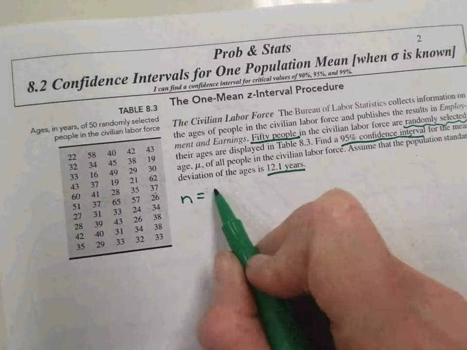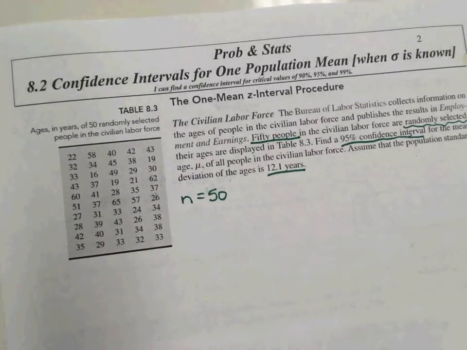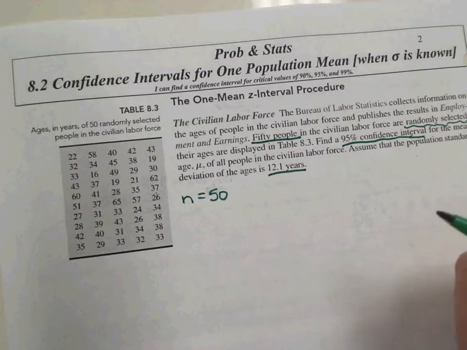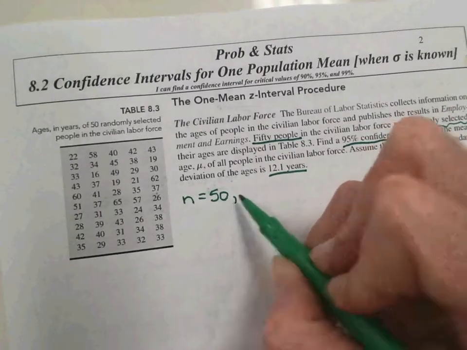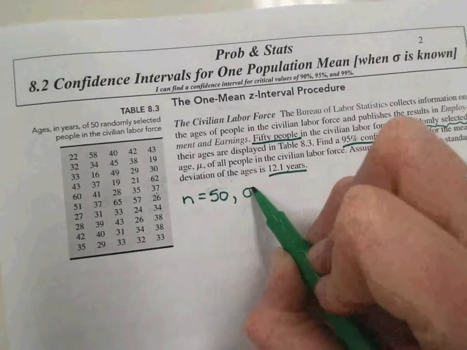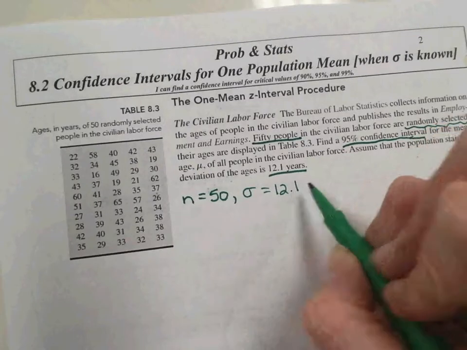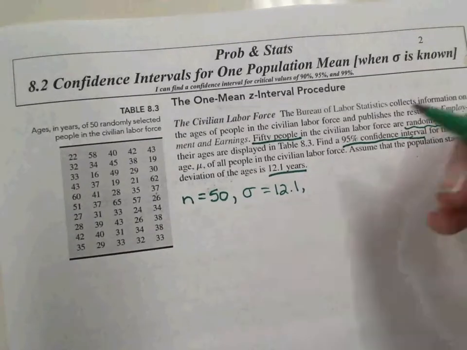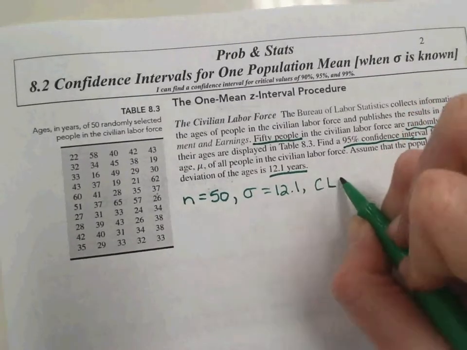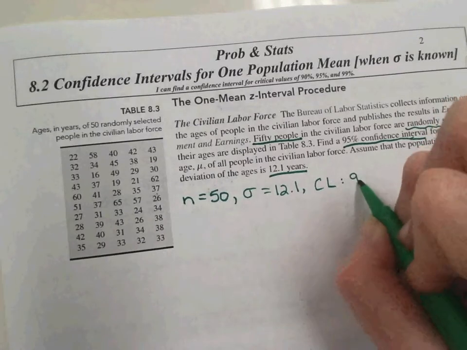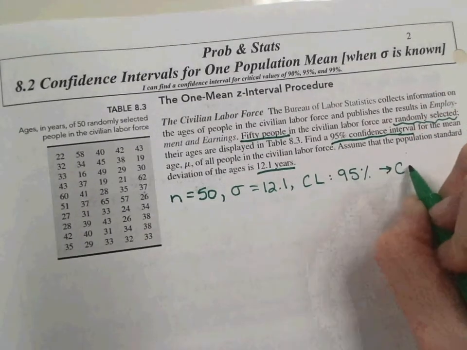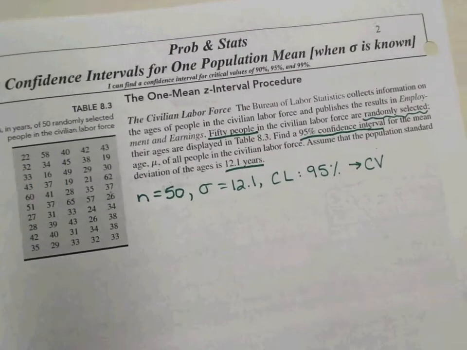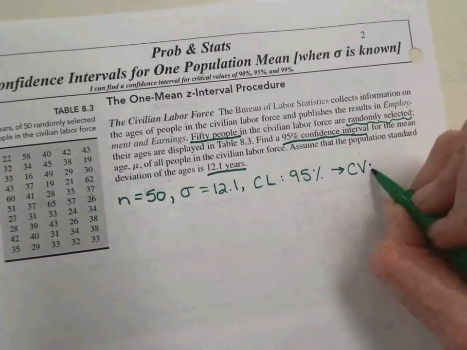So I'm going to write those things down. This is how I like to do these problems. While I'm doing Math Excel, I should have a piece of paper handy and be writing things down. N equals 50. That's my sample size. I know sigma equals 12.1. And I also know my confidence level is 95%, which I can then check my table to find my critical value.